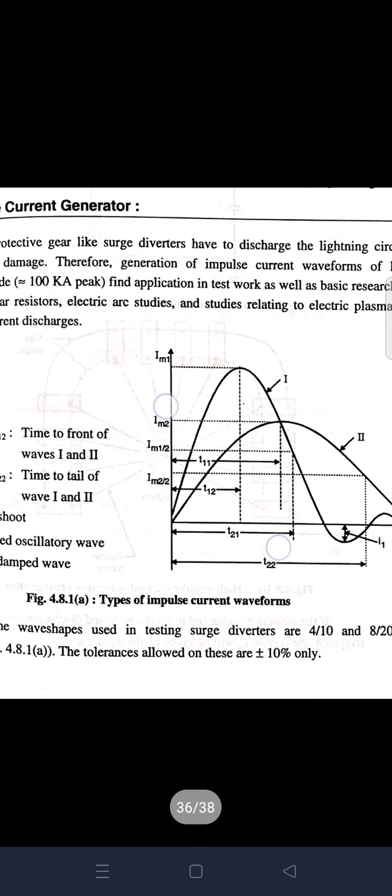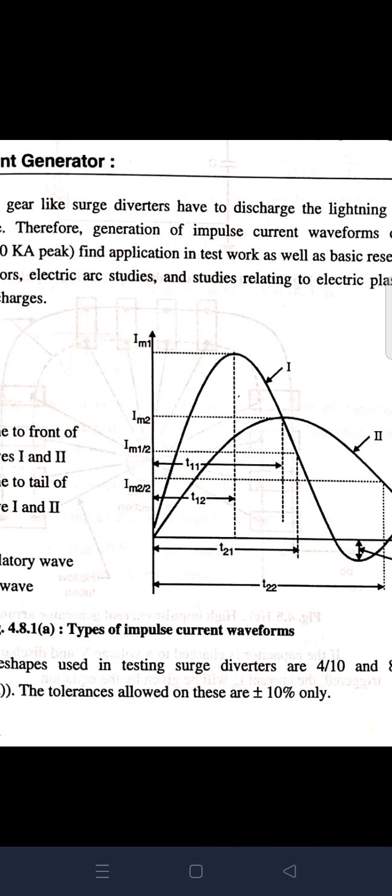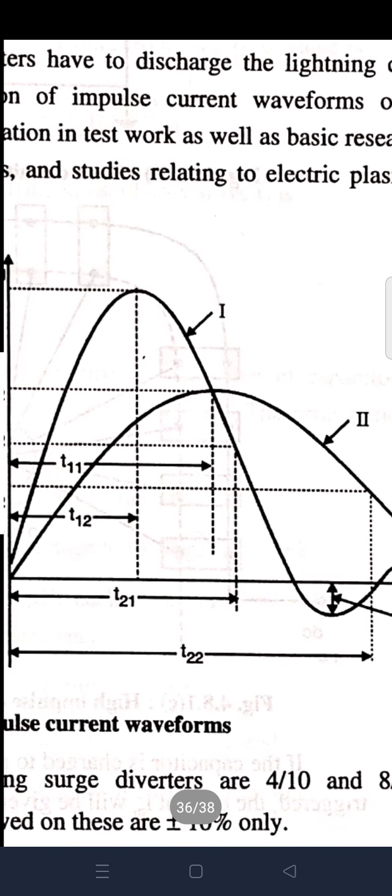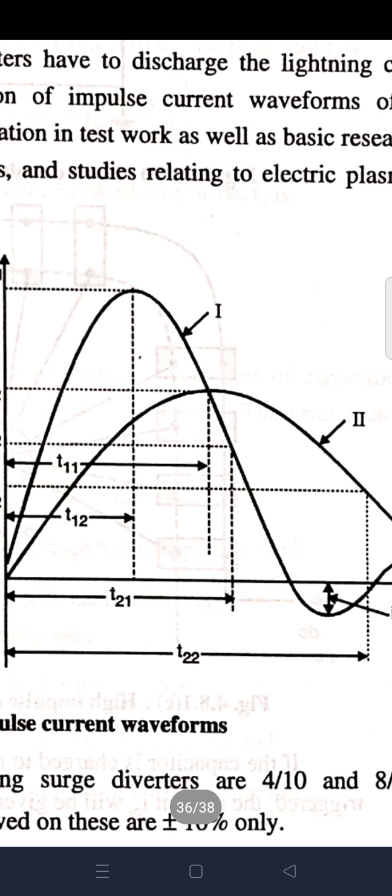For the impulse current generator, protective gear like surge diverters have to discharge the lightning currents without damage.